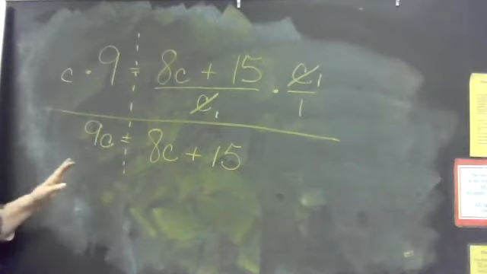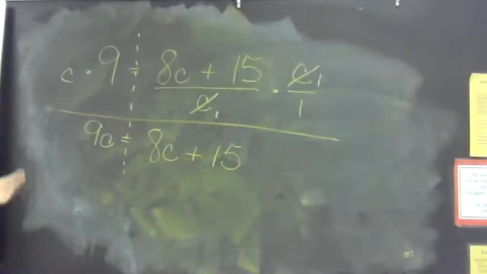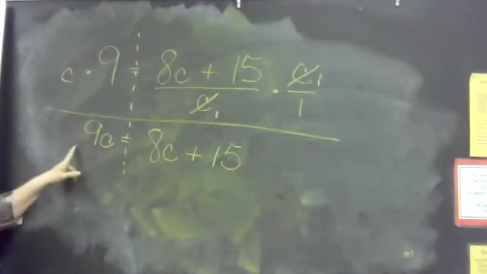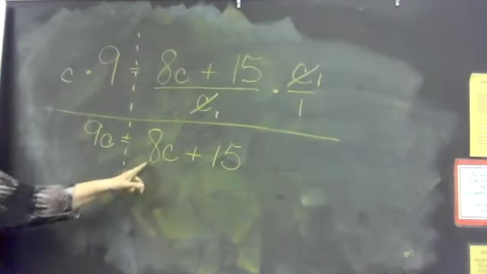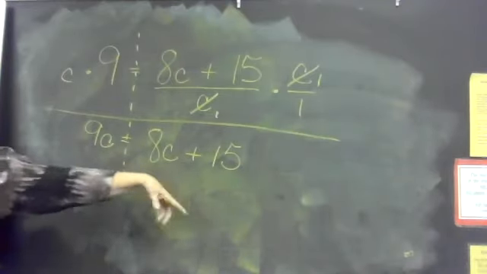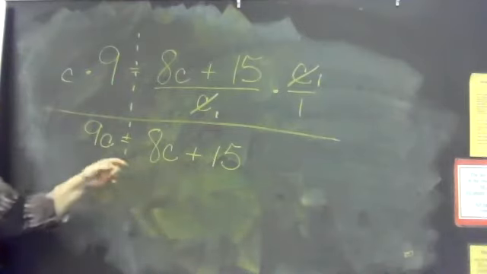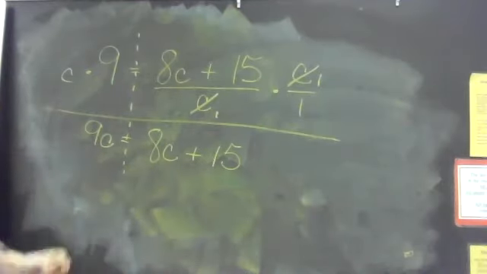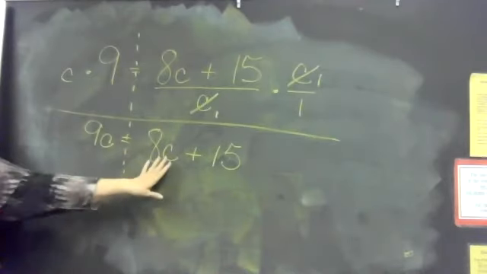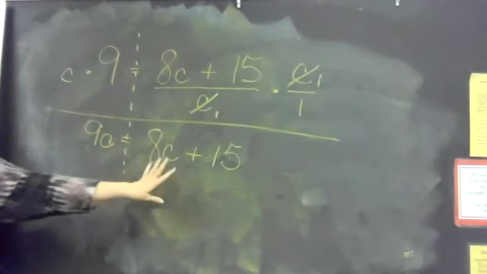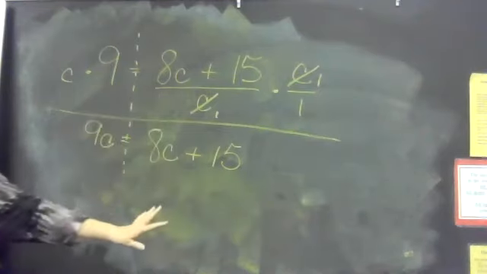Okay. Now, this is something that most students do, Rachel, so I'm glad you said that. She said I could take away 9C from this side. That would put it over here, but that would still put a C with a number, and this will be 0. Now, what you said is not wrong. But if you move it over here, that will just cause you to do another step.